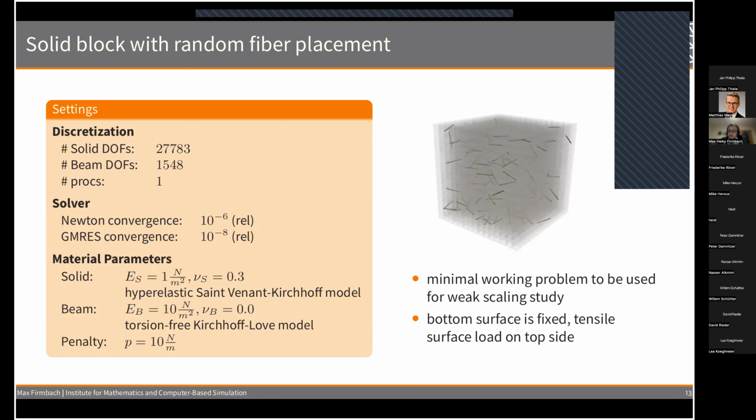The bottom surface of this cube is fixed, and we have a tensile surface load on the top side. So when we do the simulation, our cube will be elongated on this axis. What you can also see is we have about 25,000 solid degrees of freedom and 1,500 beam degrees of freedom, and we'll just start with one processor, and then we try to scale up.